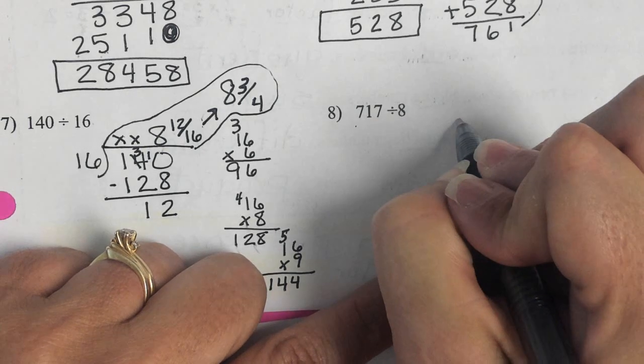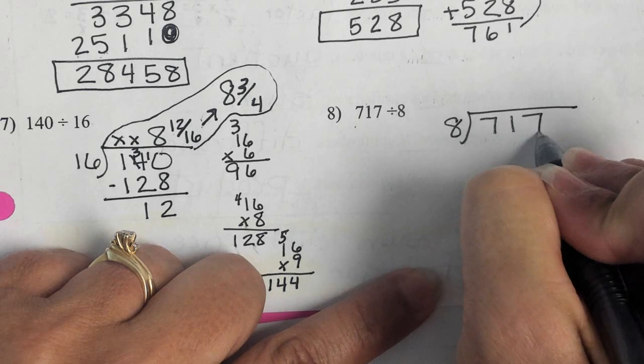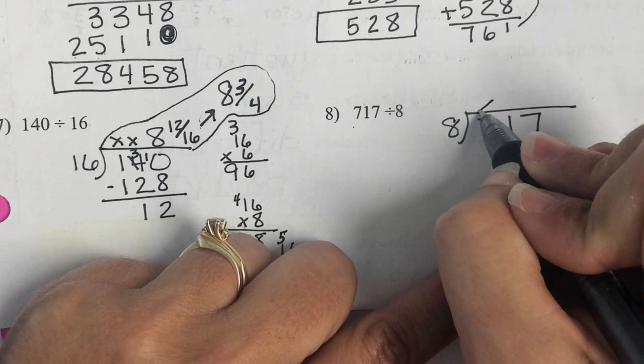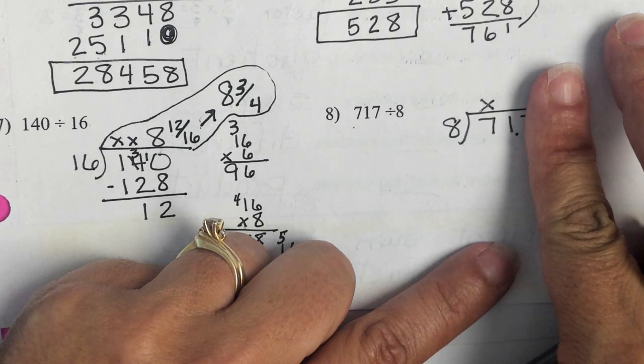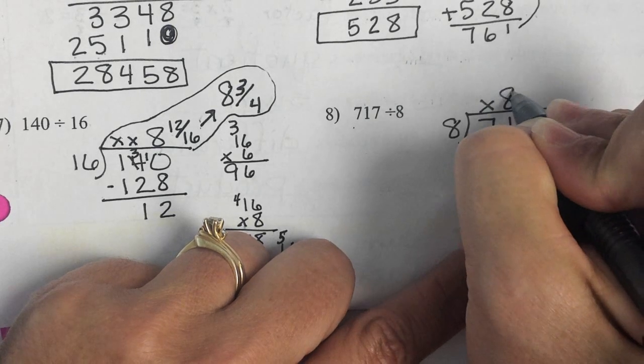I got 8 into 717. Okay, can 8 go into 7? No. 71. How many times? What's 8 times 8? 64. Okay.